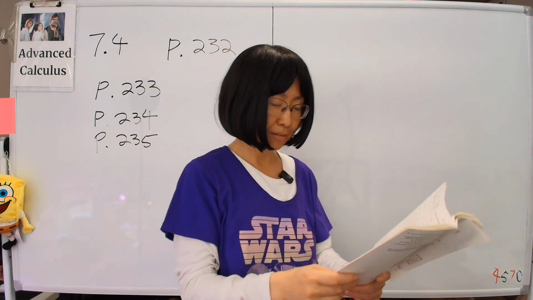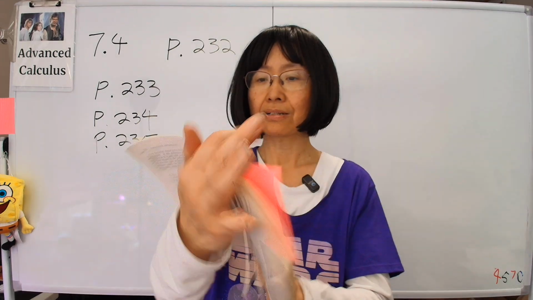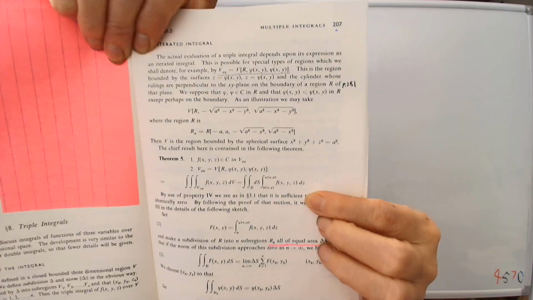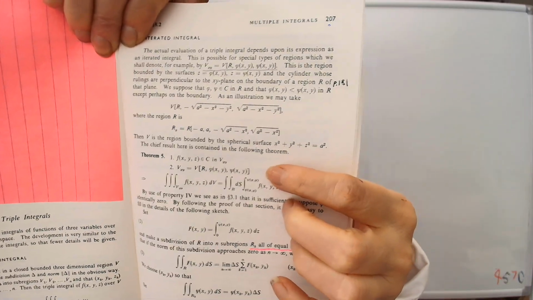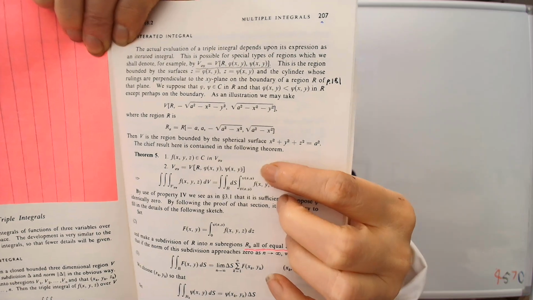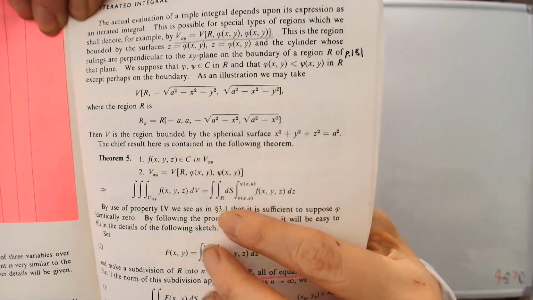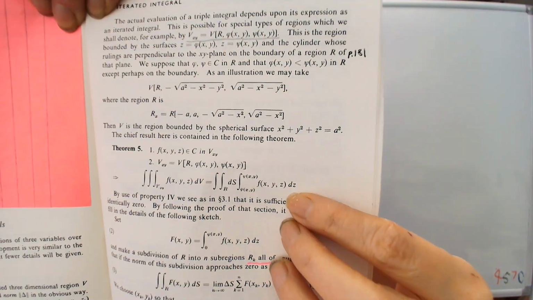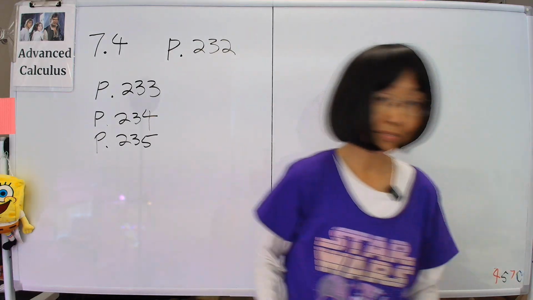Now that is on page 207, and I want to show it to you right now. That's the iterated integral for the double integral, Theorem 5 right here. Okay, so f is continuous, and we have Vxy going from phi up to psi. Then the triple integral is equal to the double integral over R of the integral from phi to psi of f(x,y,z).